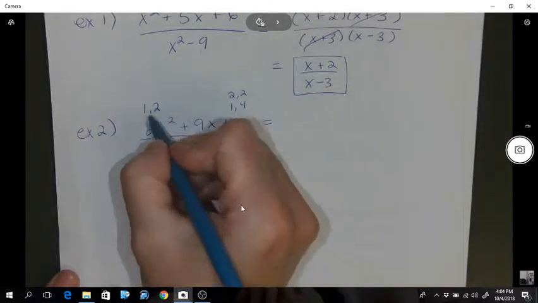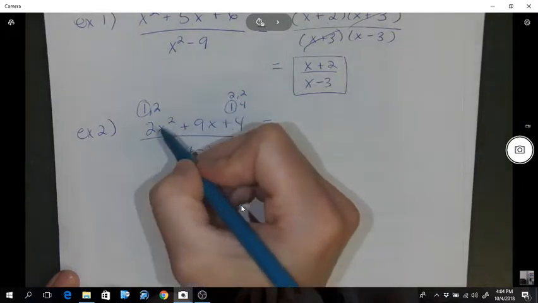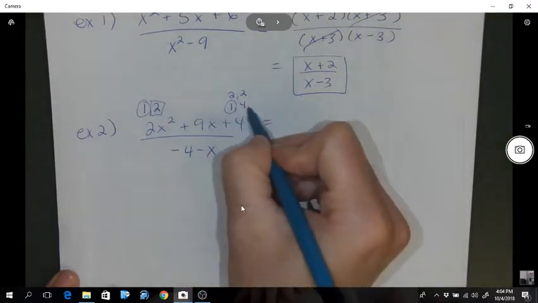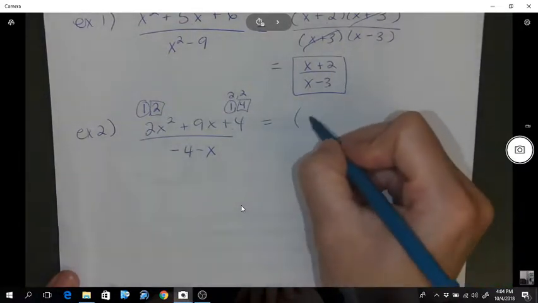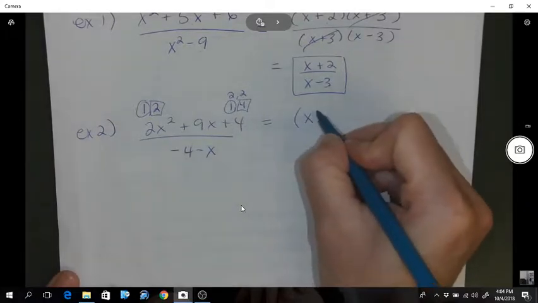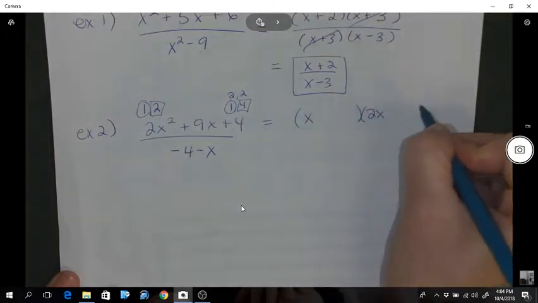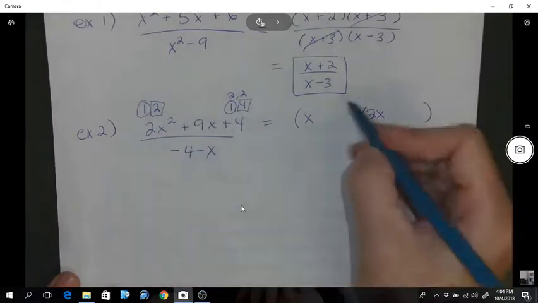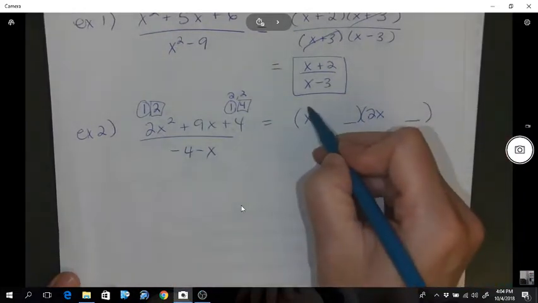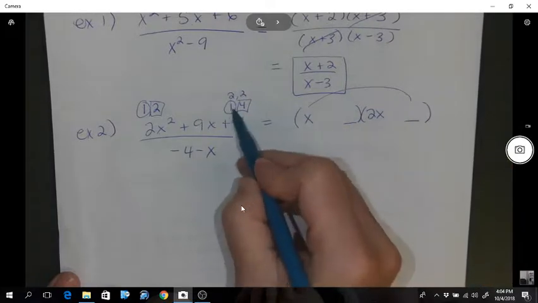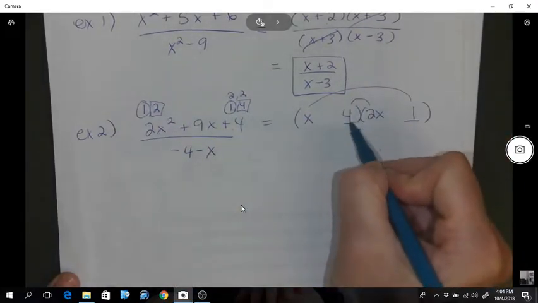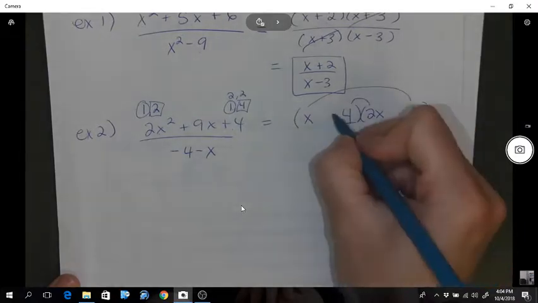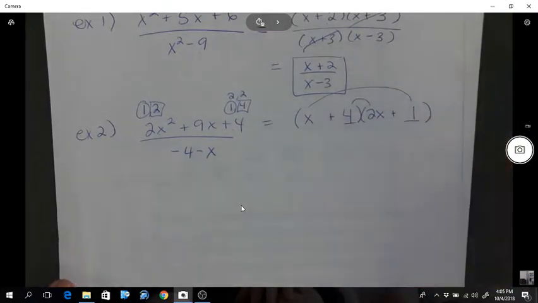So I see here, if I do this 1 and 1, that's 1, and then the 2 and the 4 will make 8, and that can give me a combination of 9. So I need to lead with a 1x and a 2x. That's to get me my 2x squared. So with the 1, I need to put a 1, and with the 2, I need to put a 4. Okay, everything's positive to get me positive 4, positive 9.